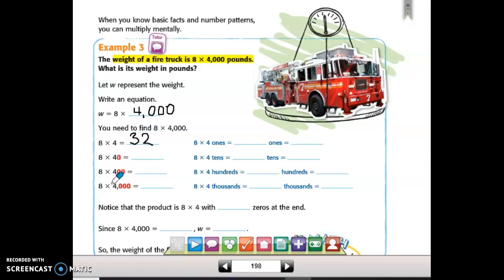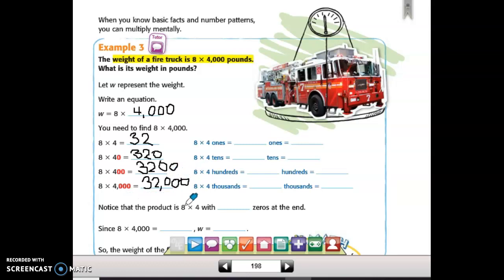And yes, hopefully you can jump down in your mind and know what your answer here is going to be, but let's show all of our thoughts and show all of our work. Now we've got 32 hundreds, so we need to show 2 zeros, and 32 thousands is what our original problem asked.